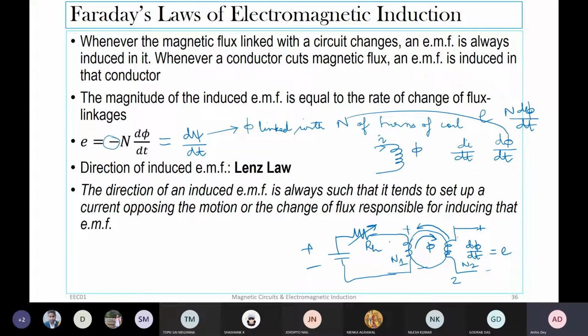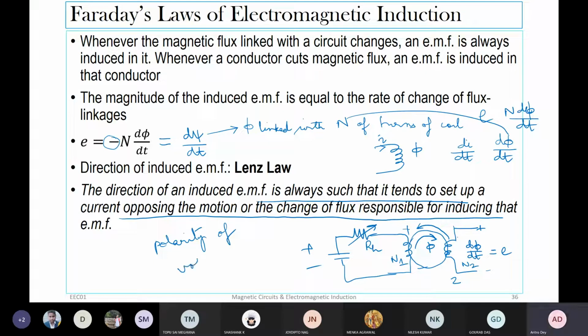That is actually known as Lenz's law, which I think you have also learned. The direction of the induced EMF is always such that it tends to set up a current opposing the motion or change of the flux responsible for the induction of the EMF in that coil. That is Lenz's law, and that will give you the polarity of the voltage.